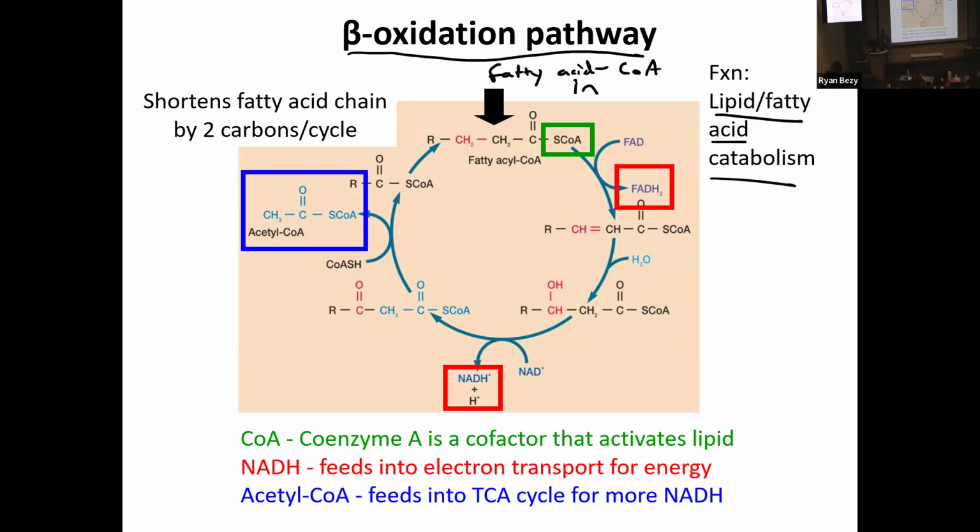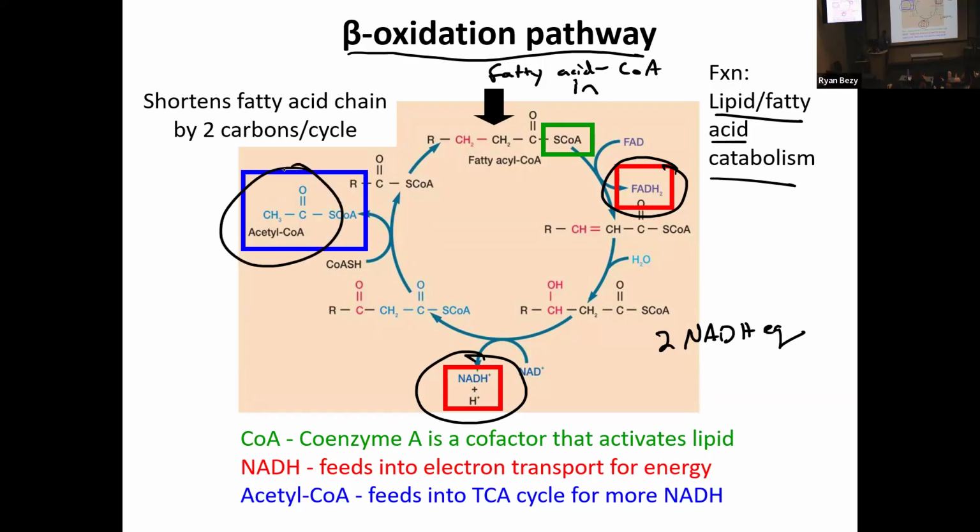Okay? What's going to happen is it goes through a series of chemical reactions, but you make a NADH, you make a FADH2, that is 2 NADH equivalents, and you make an acetyl-CoA. So this acetyl-CoA is an output. These 2 NADH equivalents are also an output from this pathway.